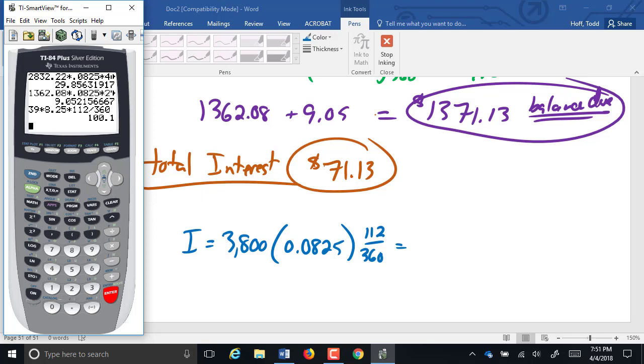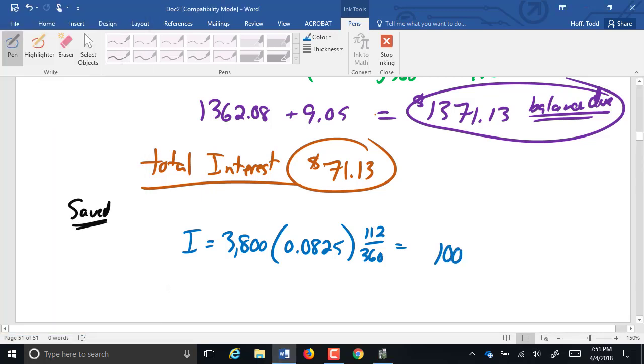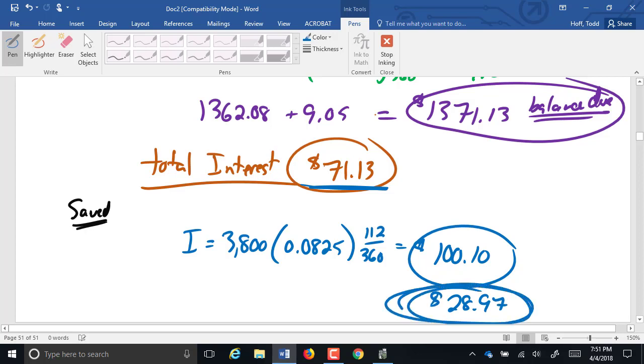Perfect. Get $100.10. So you subtract the 71.13 from that, $28.97 difference. That'd be what was saved.